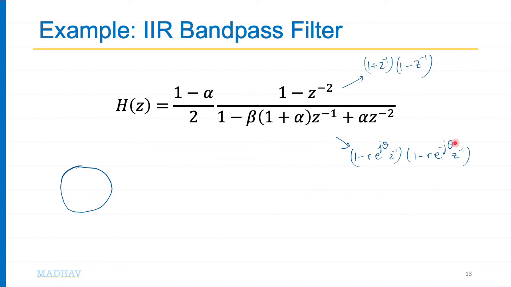These two poles are complex conjugates of each other simply because all the coefficients are real. You also know it from the solution of a quadratic equation: you get plus minus that term.